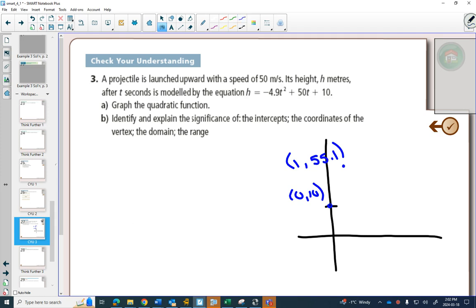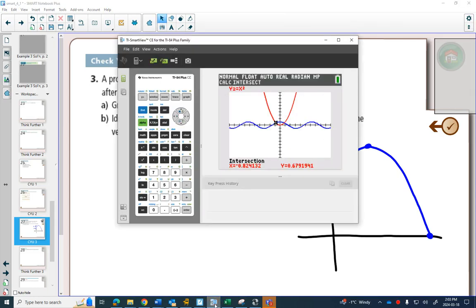Now, it might make sense to you that if you had an object go up in the air, because of gravity, eventually it's going to hit its maximum and then come back down. What we're going to want to find, and we're going to use technology to do this, is this vertex and maybe this x-intercept. So we're going to go to our calculator.